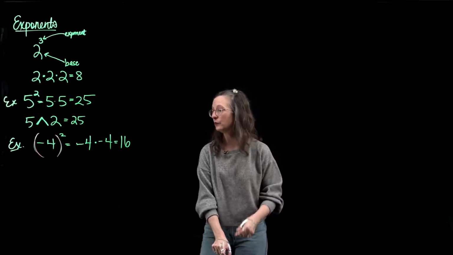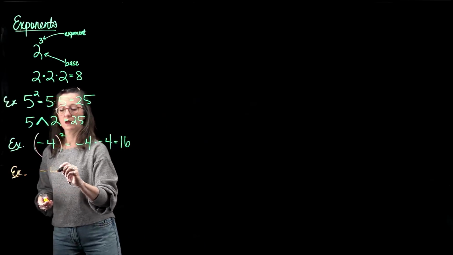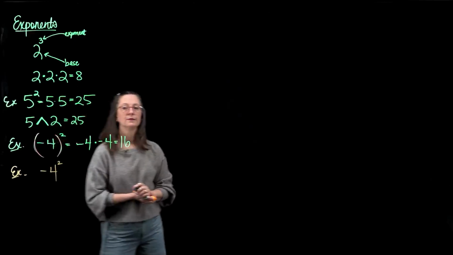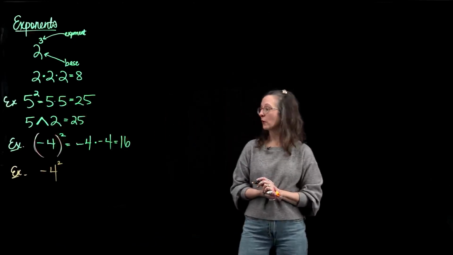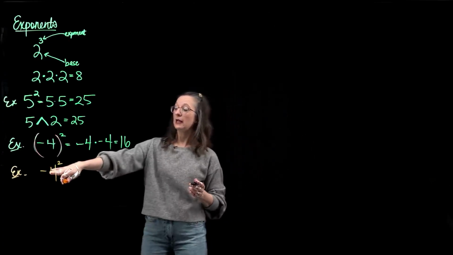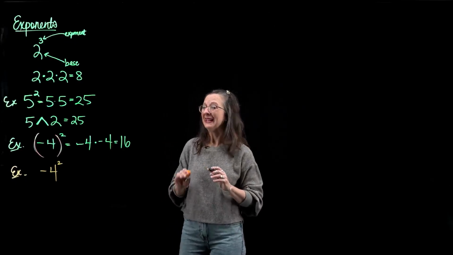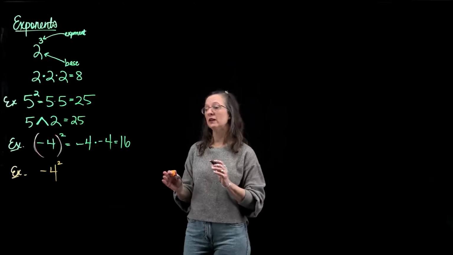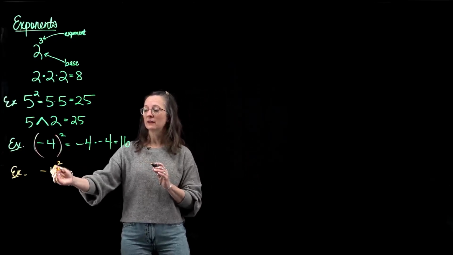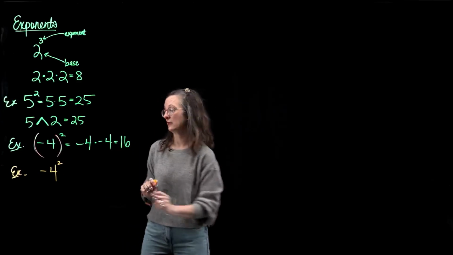Compare that to negative of 4 squared. Those are 2 different things. This negative, I like to say this is a decorative negative, okay? It is not getting squared. This is not attached to the 4 because there's no parentheses here.